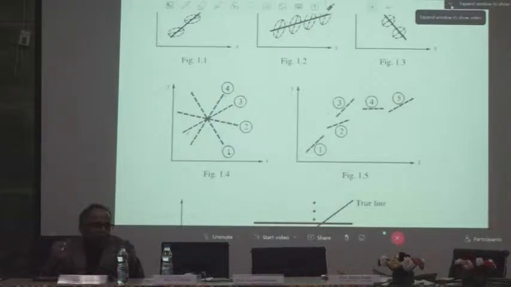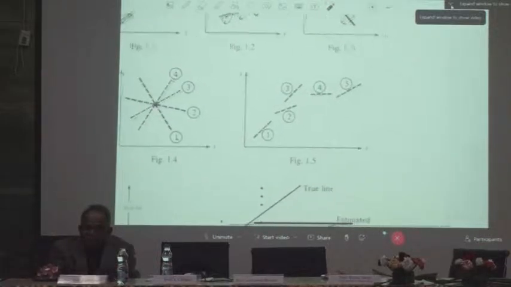If I show you this, you'll say there is no relationship, because everything looks like a circle. But there is a relationship. The only thing is that for some it's positive, for others it's negative. When you look at all of them together without controlling for individual effects, you say there is no effect.